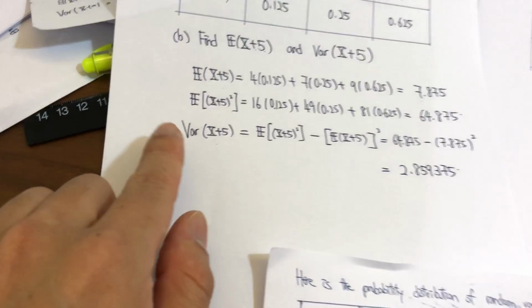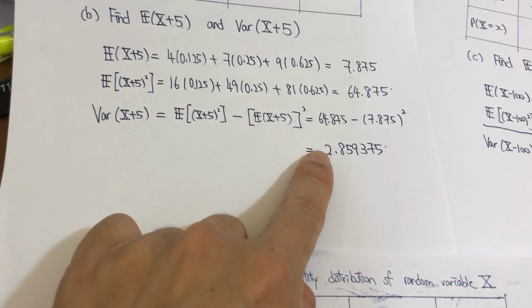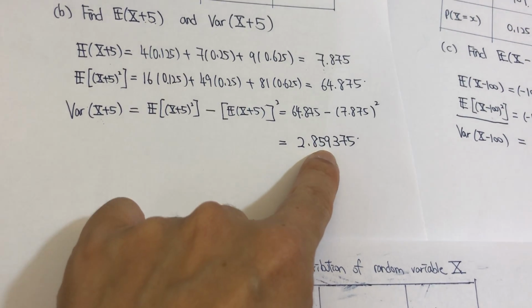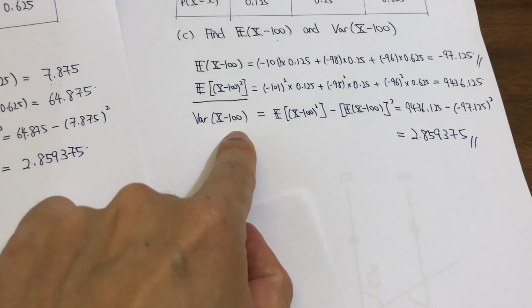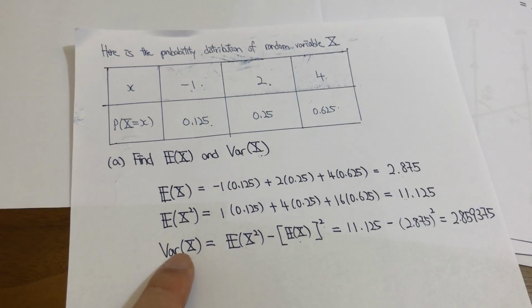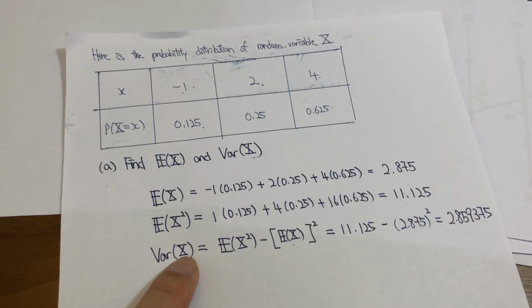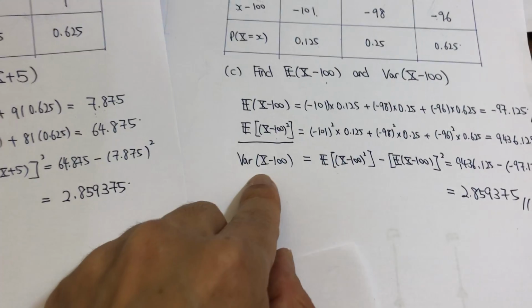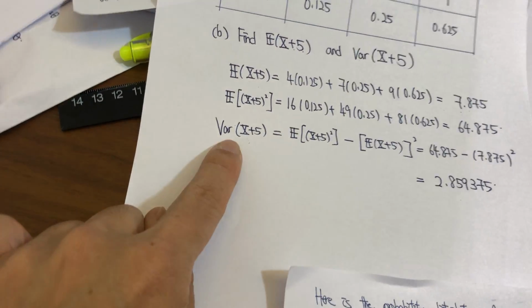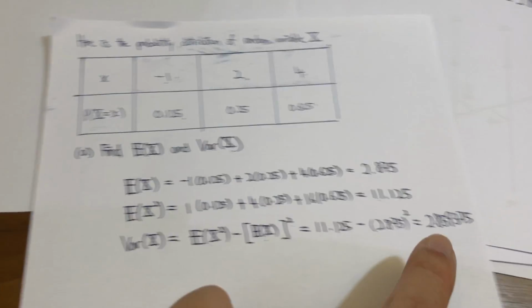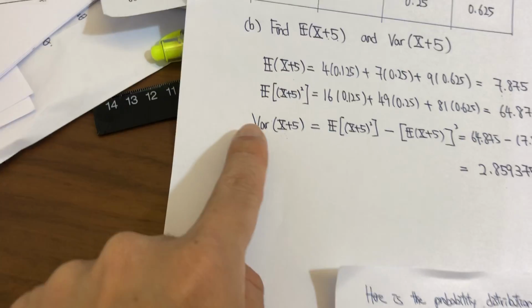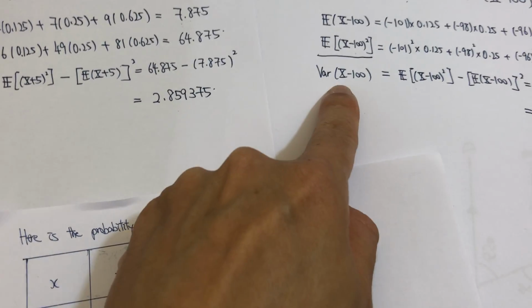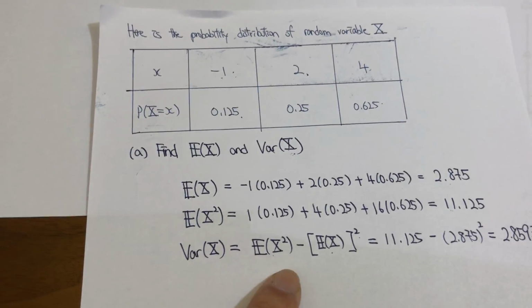The variance of x plus 5 is also the same, 2.859375. And when it is the variance of x minus 100, the variance remains the same. So no matter whether you consider x plus something or x minus something, x minus 100, x plus 5, the variance remains the same. So when you add a constant or minus a constant, the variance doesn't change.